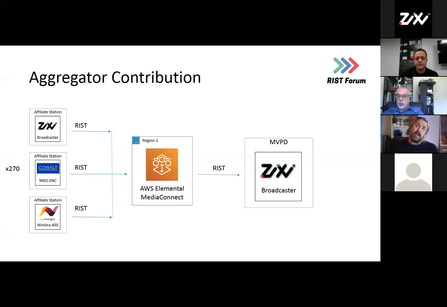And that aggregator contribution is a perfect use case for technology like RIST. It's agile, it's low latency, and of course, it's that high quality aspect of it.